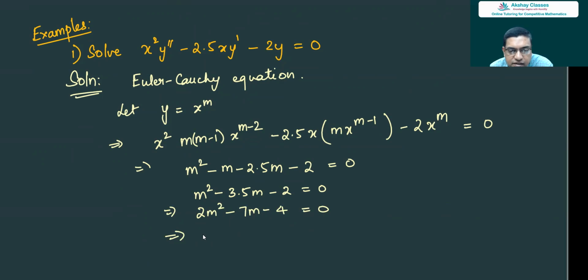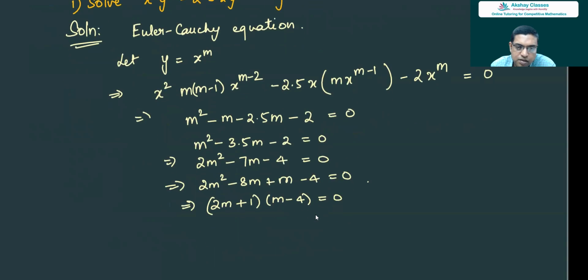So 2m square minus 8m plus m minus 4 equal to 0. So we get 2m plus 1 into m minus 4 equal to 0. So the solution is m is equal to minus half, 4.